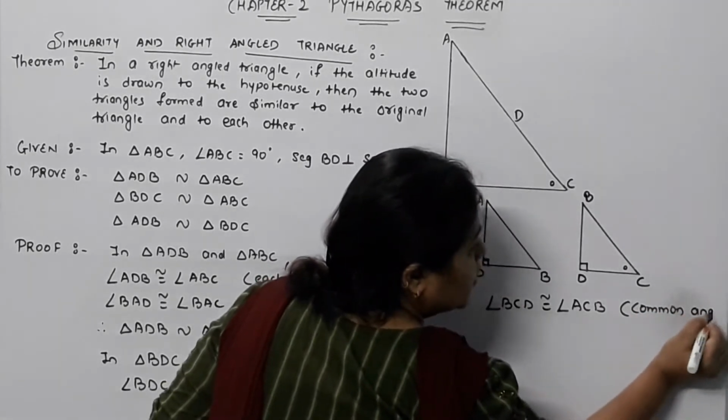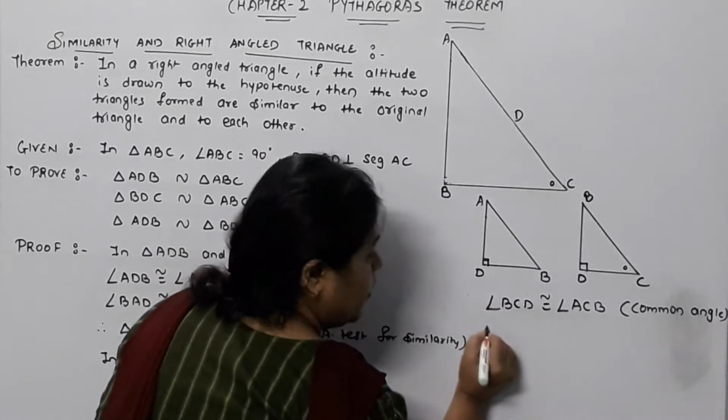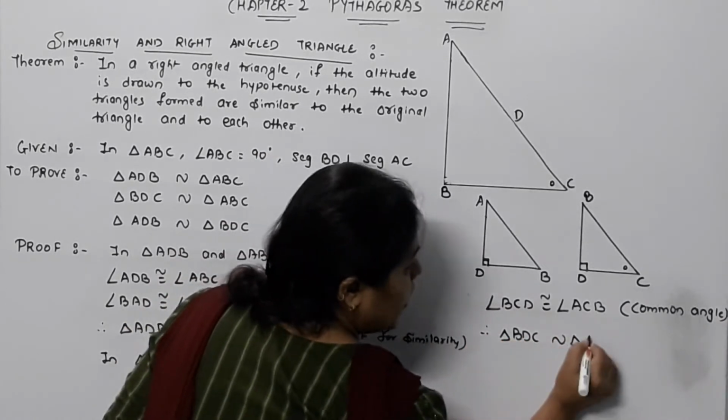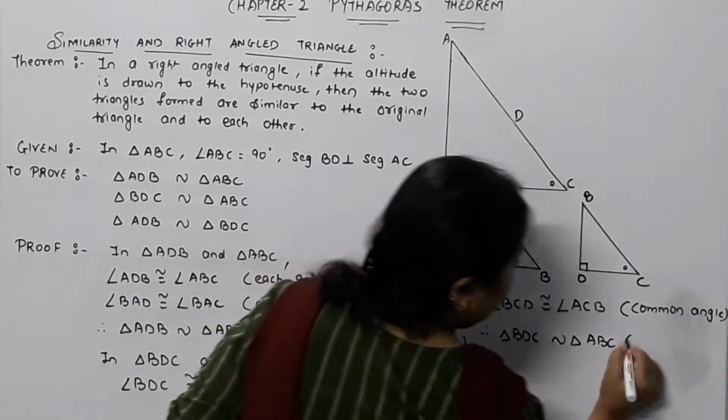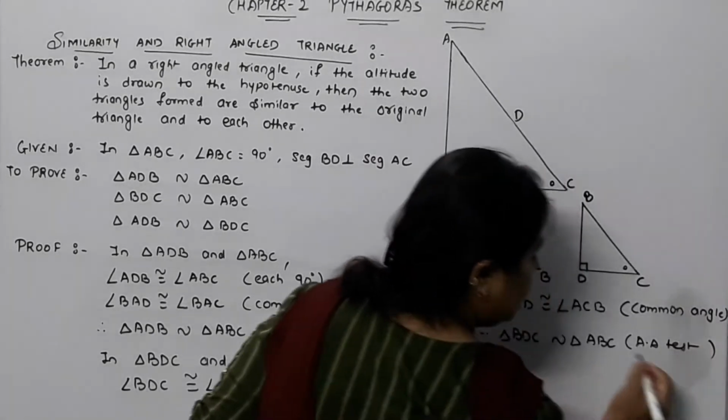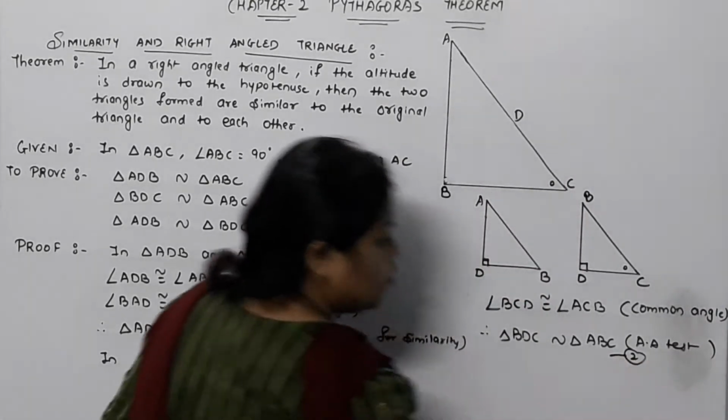Therefore the two triangles are again similar. Therefore triangle BDC similar triangle ABC by AA test for similarity. This is our equation 2.